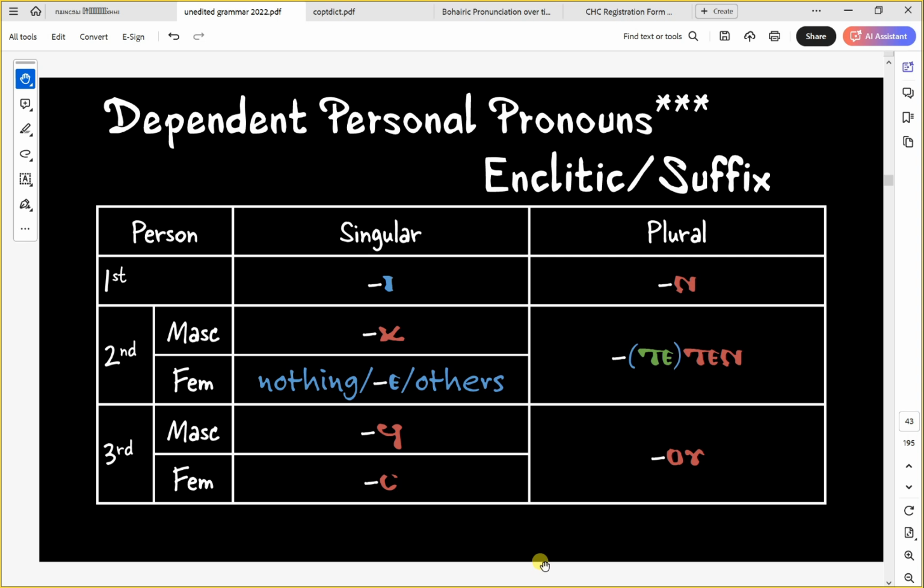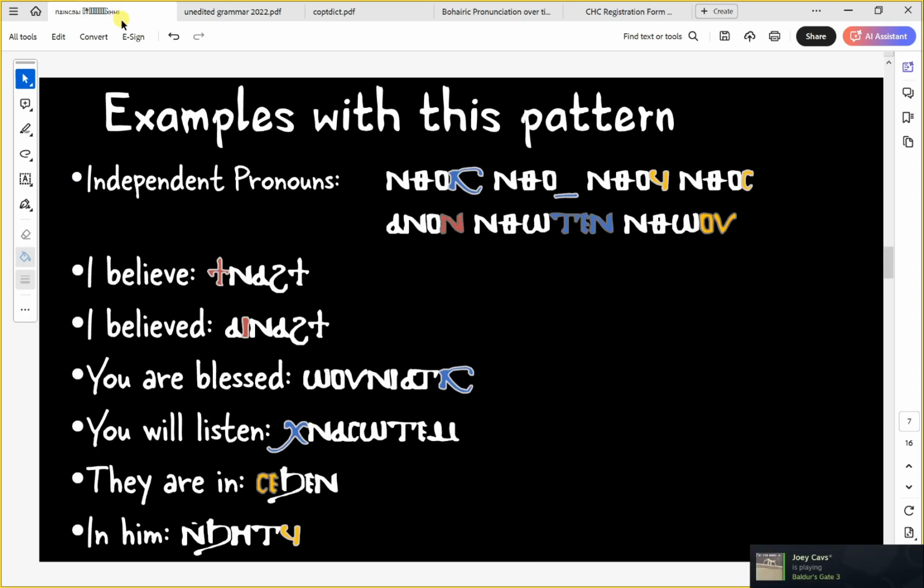So nemme or nemme technically is with you, and there are others, which are really almost a case-to-case basis. So for example, we had before Enclitic is in him, but if you want to say in you to a girl, you make it Encliti.